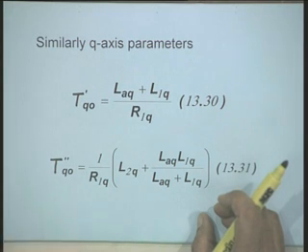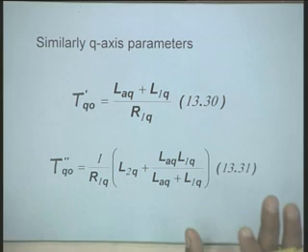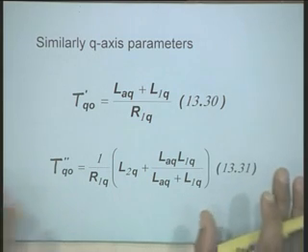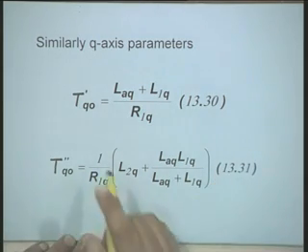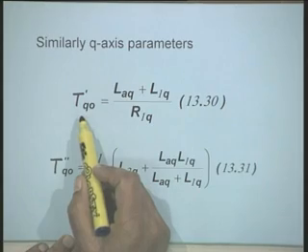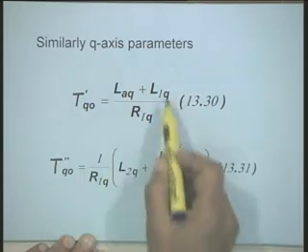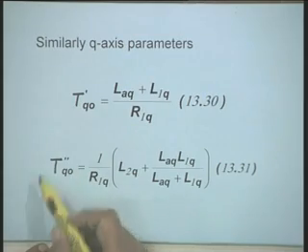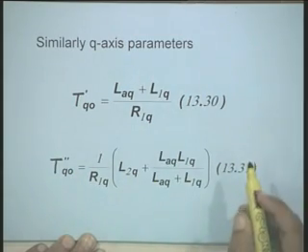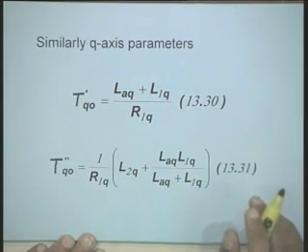A similar exercise can be performed for the Q axis, and you will find that the time constants are TQ prime equal to this and TQ double prime equal to this, again expressed in terms of fundamental circuit parameters.